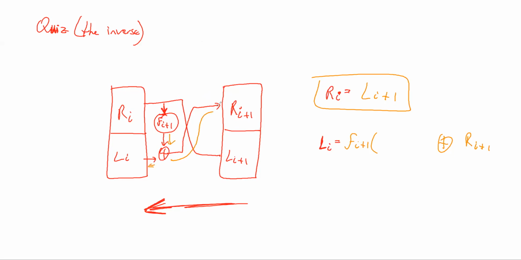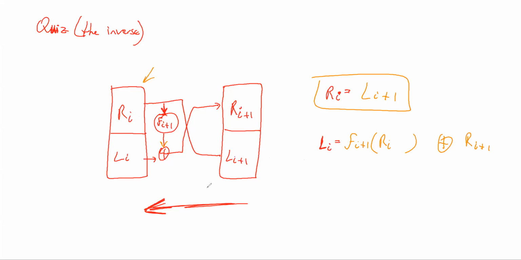We already have this one, and we need to figure out this one here. To figure that one out, we know that that value was fi of Ri, but since we don't have Ri, we have a problem.